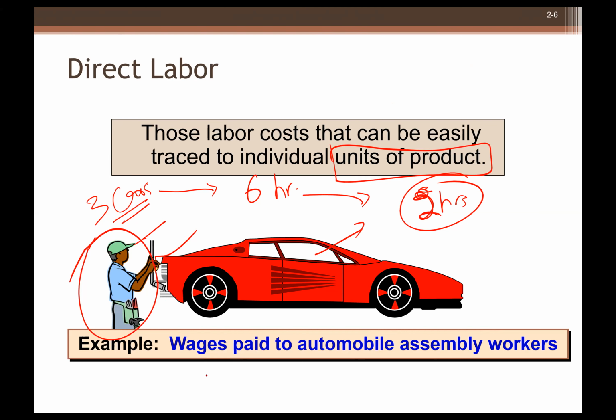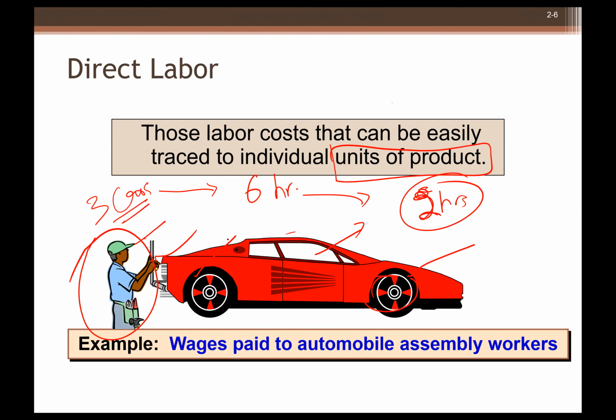There is an assembly line manager who is installing the car. He also spent like 2 hours, this kind of stuff, right? Or the person who is painting the car. Normally it is painted through some machinery process, but whatsoever, right? Installing the seats, installing the engine, testing, driving the car for test, like that.